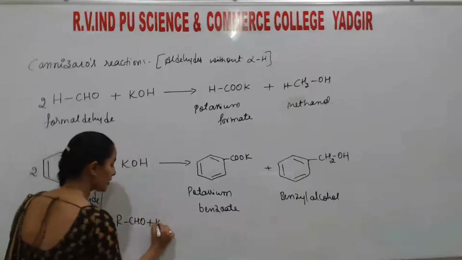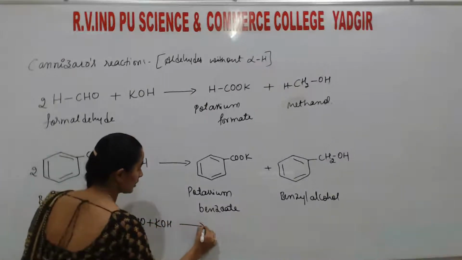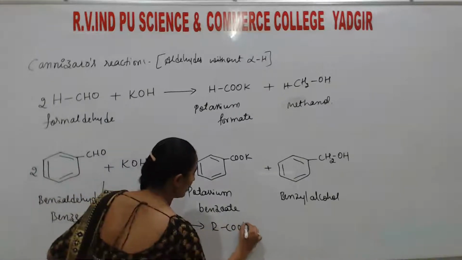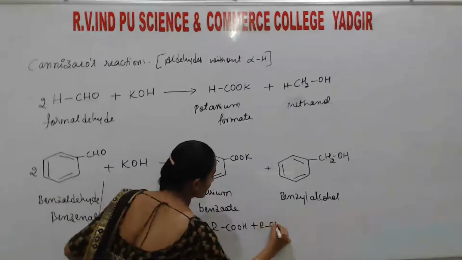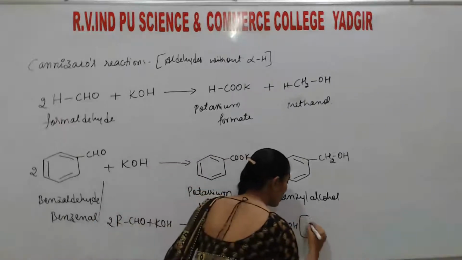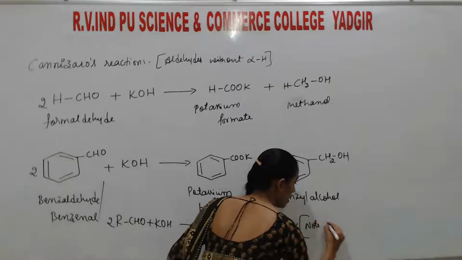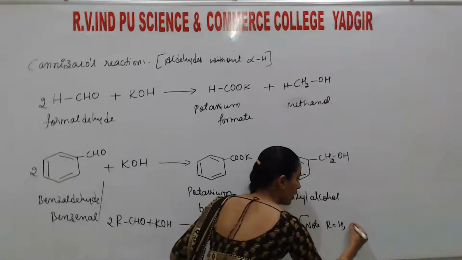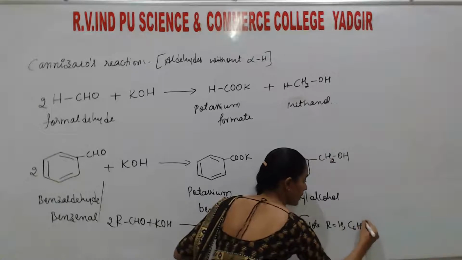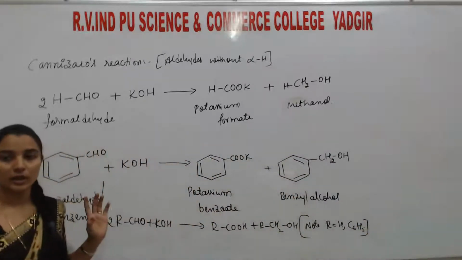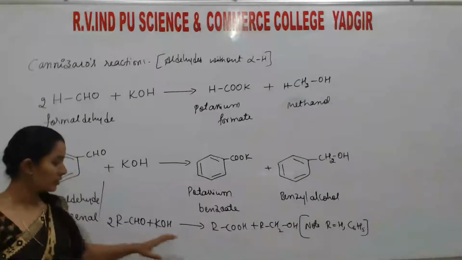Upon reaction with KOH it gives RCOOK plus RCH2OH. And remember, this is the note: R must be hydrogen or phenyl, only hydrogen or phenyl. So this is the general reaction.